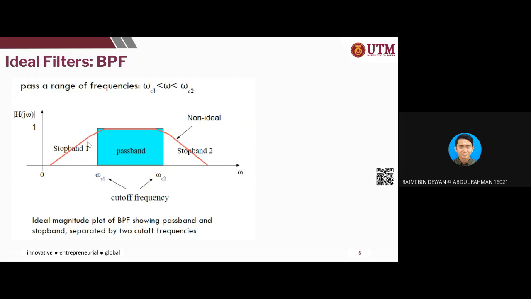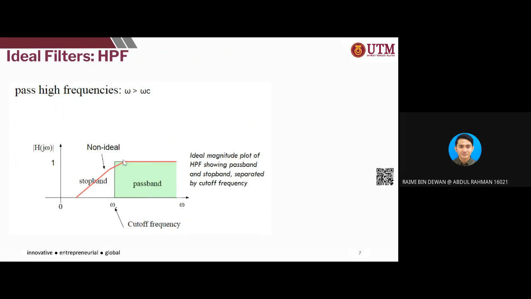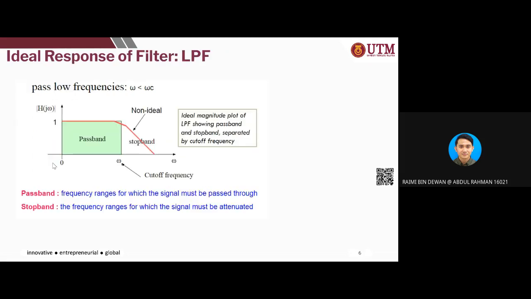So you can see the ideal magnitude plot of bandpass filters. This is the ideal bandpass filter. You can see there is a gain value of 1. Similarly, here we have the high pass filter, a gain value of 1 for the ideal high pass filter.